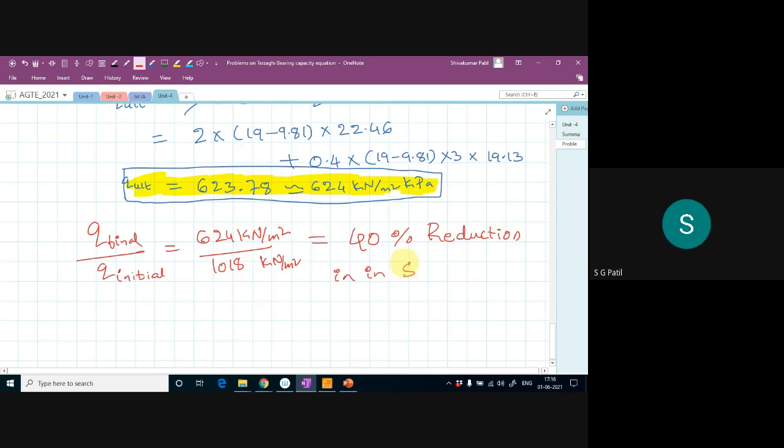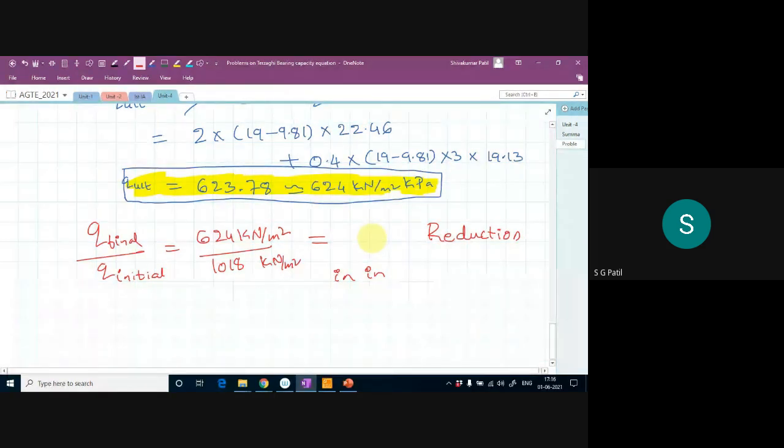Okay, so it is almost 40%. 61% reduction in bearing capacity. 624 by 1018, 61, sir. Okay, so 61%. Let me calculate 624 by 1018.